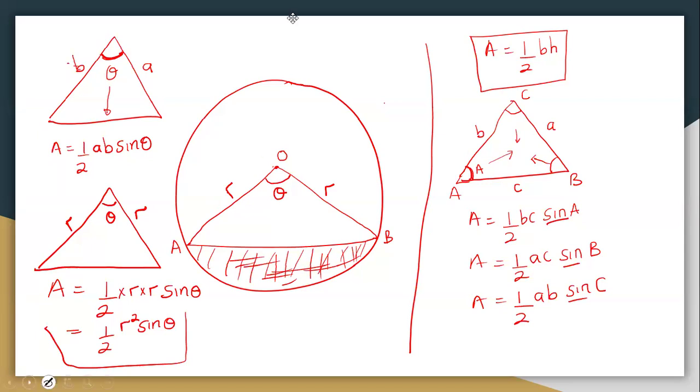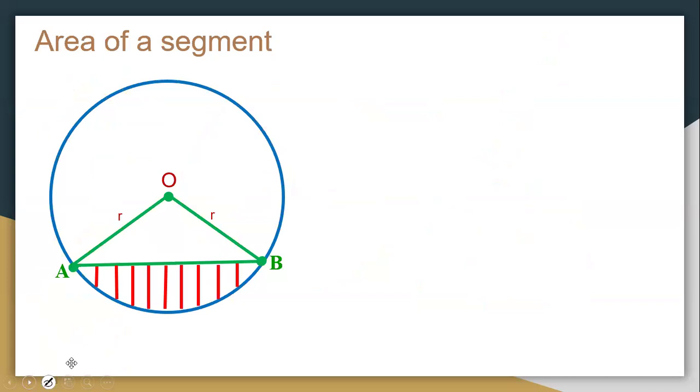Now we are going to write about the area of a segment. In order for us to get the area of the segment, like we have already said, the area of the segment is always going to be equal to the area of our sector minus the area of the triangle.